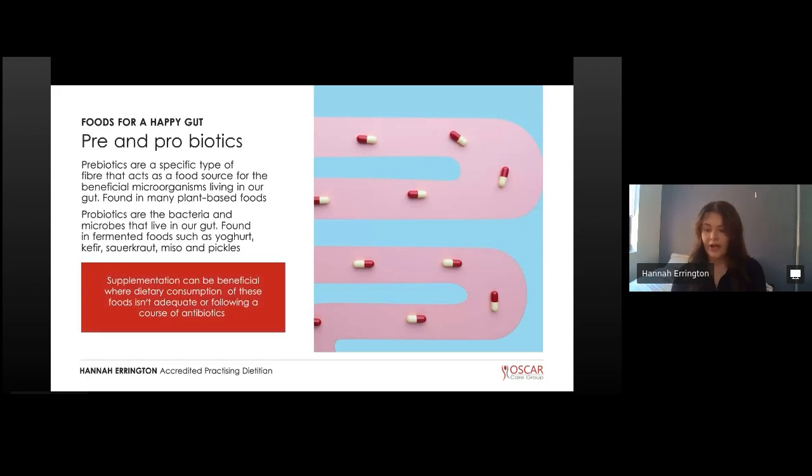So pre and probiotics are also key for creating a healthy environment in the gut. Prebiotics are what I mentioned before, so they're that specific type of fiber that act as a food source for the beneficial microorganisms living in our gut.